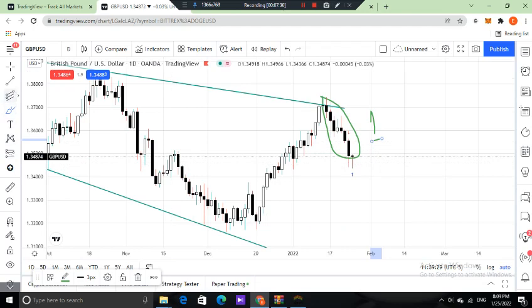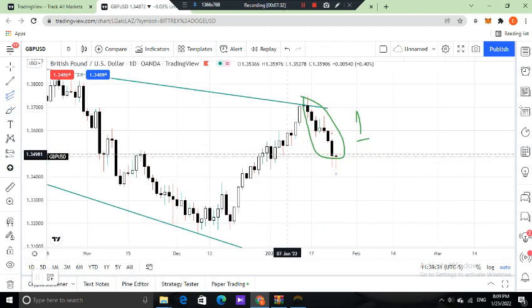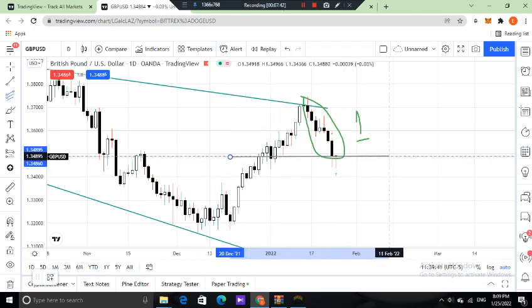And you might ask, okay, if I take this short position, where should I put my take profit? In order to figure it out, I use this FIBO channel.